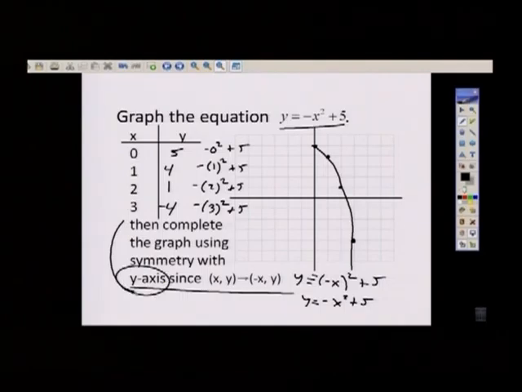Since it's symmetric with the y-axis, I know this point, negative 1, 4, will still work. The point here will work because it's symmetric, and so will the others. And I can graph my equation. So you can use your symmetry rules to complete a graph that you're graphing by hand.